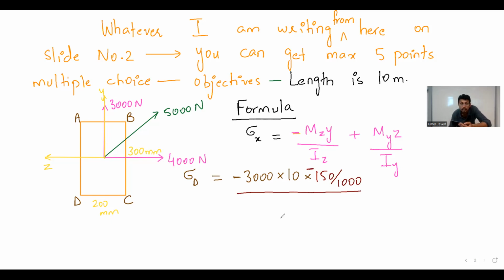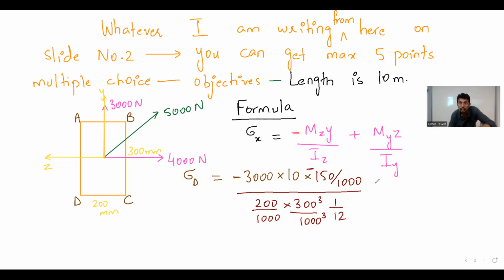Yes, I think he's right. Divided by, what is the value of Iz? Iz will be, moment of inertia about the Z axis, it will be B into, what is the height? 300, h cube by 12. Agreed?